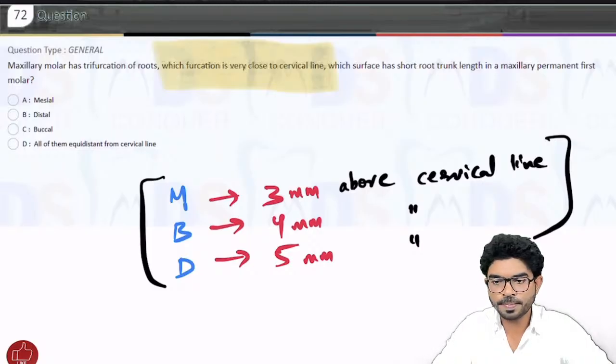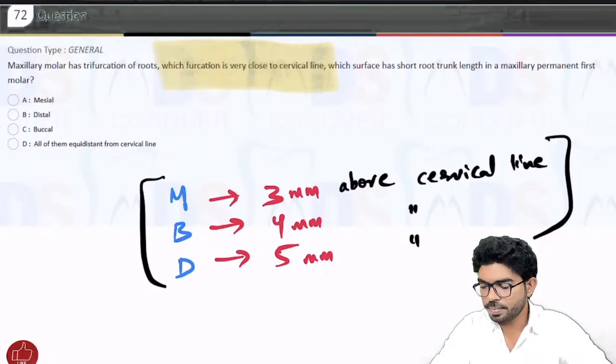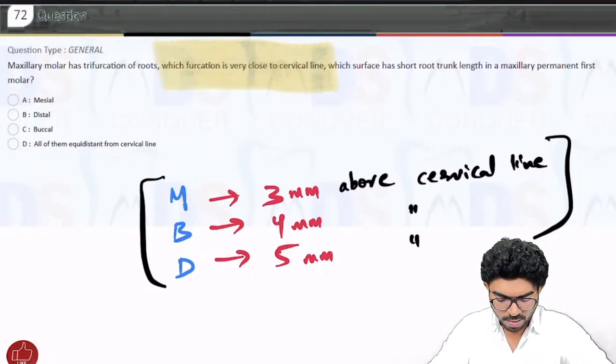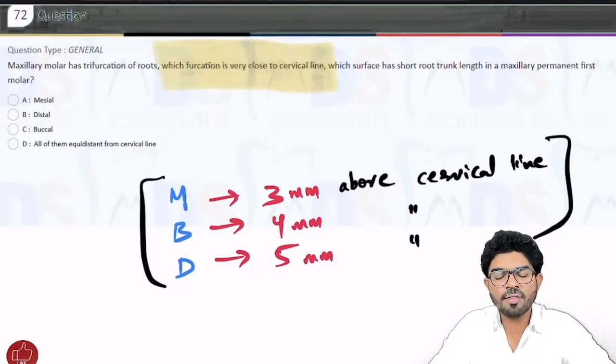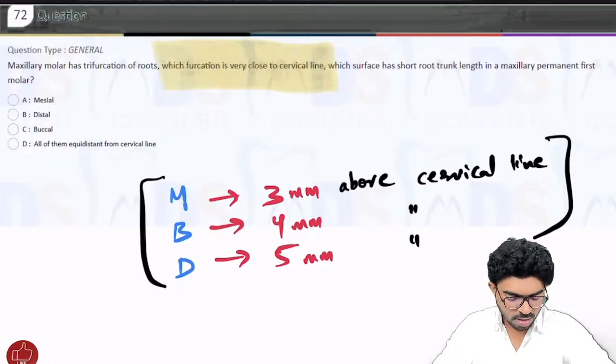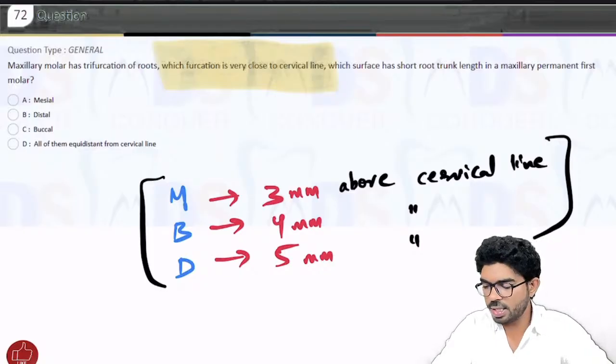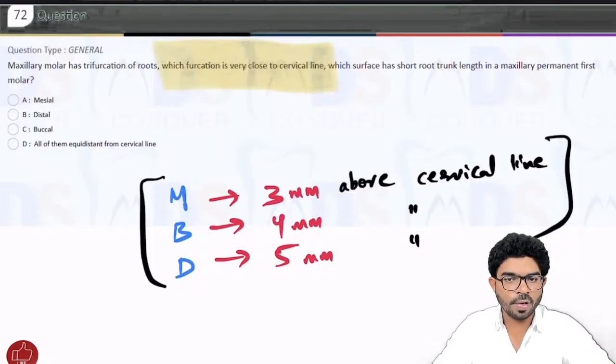What is the tooth? Anyone? So please write down: that particular tooth is the mandibular first premolar. It contains lots of bifurcations and trifurcations, which are difficult for the endodontist to handle. So that is called the enigma of endodontics.